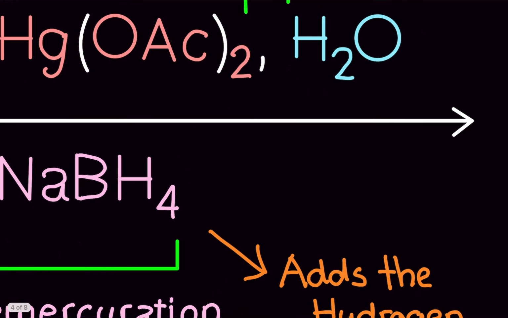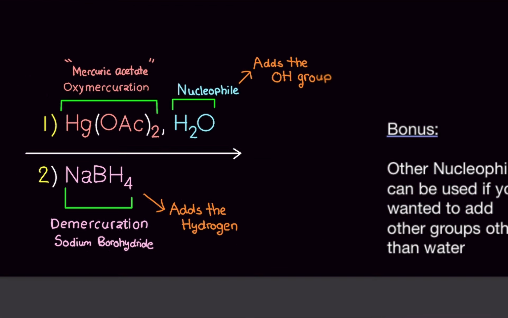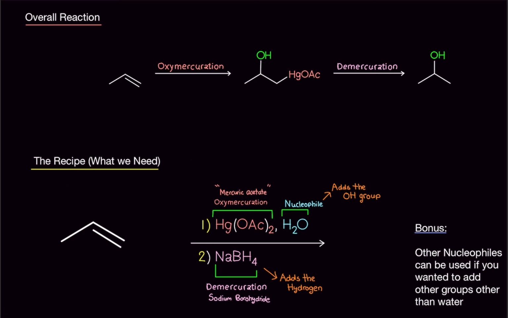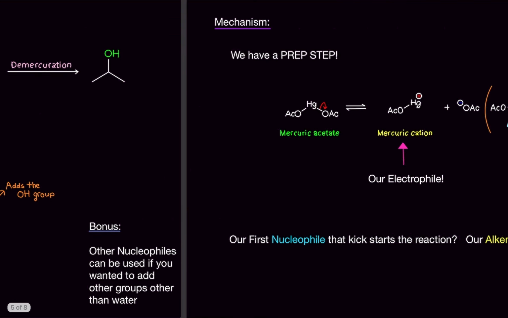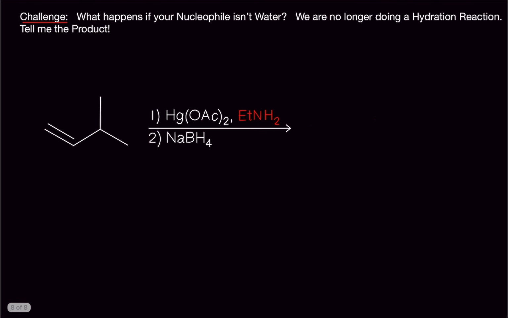The other proton's coming from sodium borohydride. So whenever you give it a nucleophile and you're supposed to add it to the molecule via oxymercuration-demercuration, what you're adding is everything shown here minus 1 hydrogen. That is the cheat code.